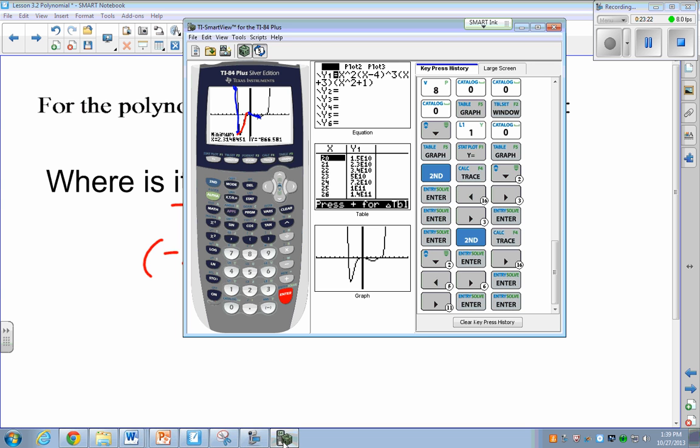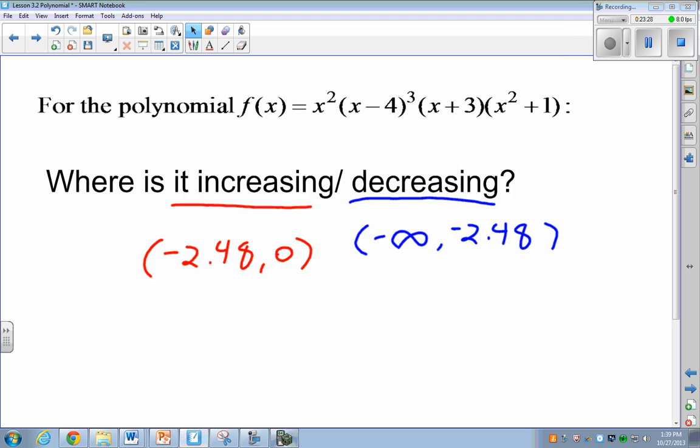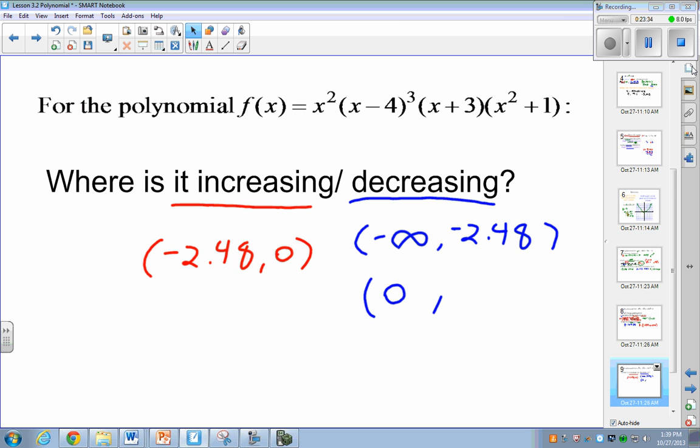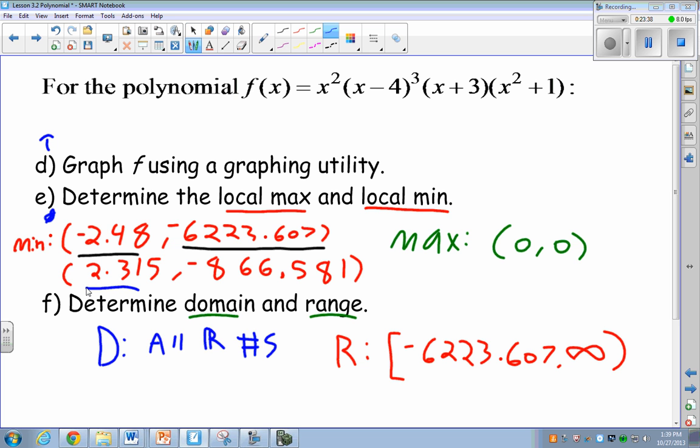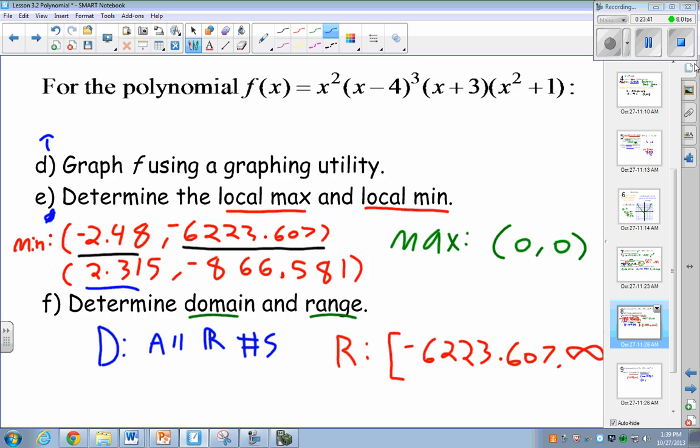All right. Now we're looking at this other blue line where it's decreasing. There, it'll be decreasing from 0 to whatever our next local minimum was, and that would be this guy right here, 2.315.